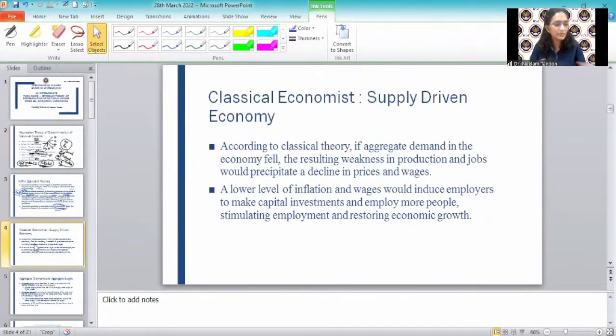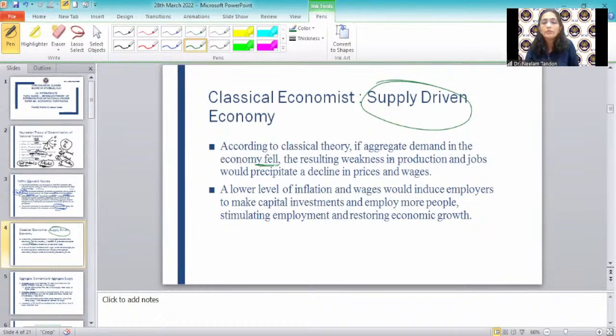So what did the classical economists believe? Their concept was more confined to the supply front. What they believed, if aggregate demand in the economy is going to reduce, as happened during COVID-19, people started consuming less, corporates started investing less.